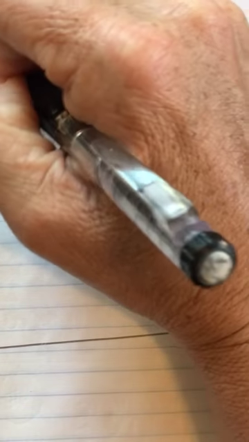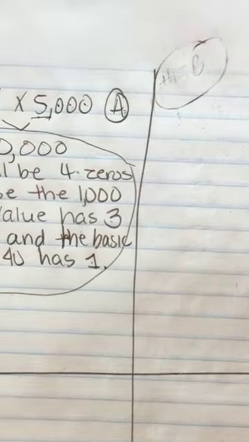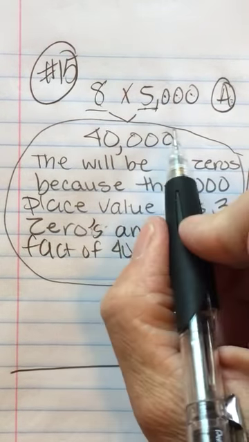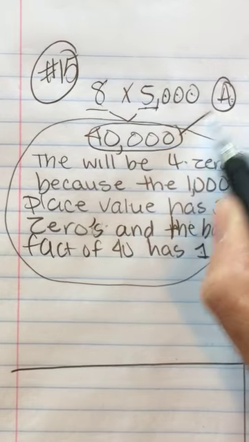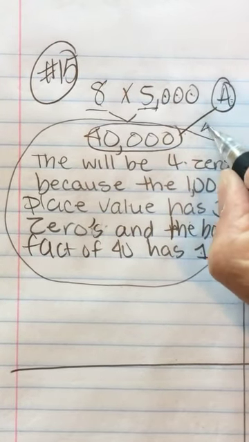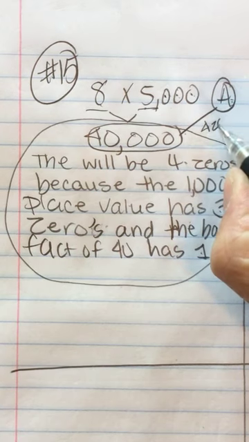But I ran out of room, so I'm going to do number 15B here. It says explain why. Oh, I don't have to do that because I did that down there. Sorry. We did it together. I was thinking I had one more step. So there's A, 4 zeros.